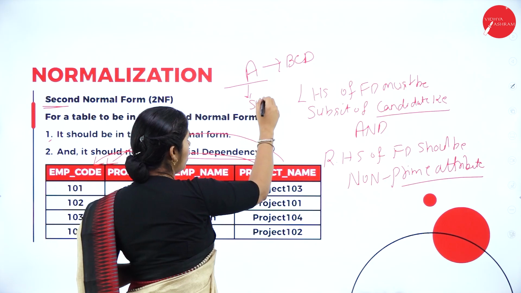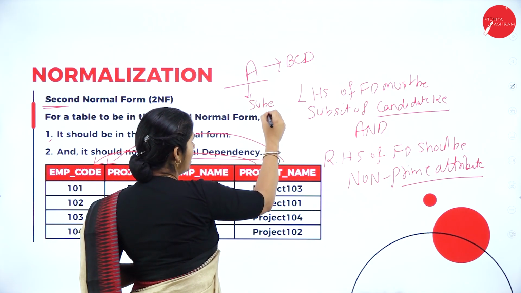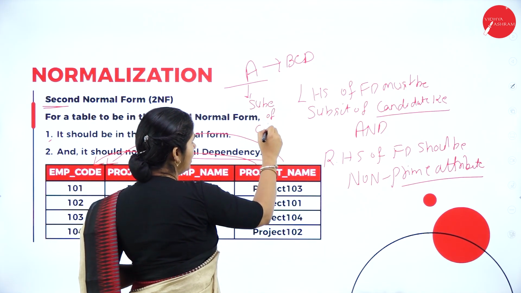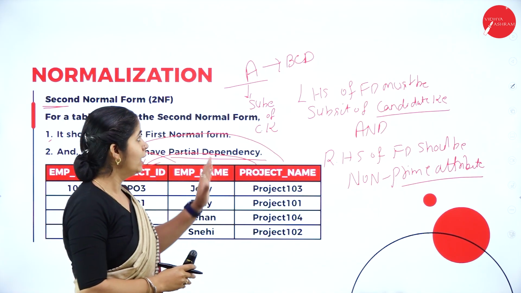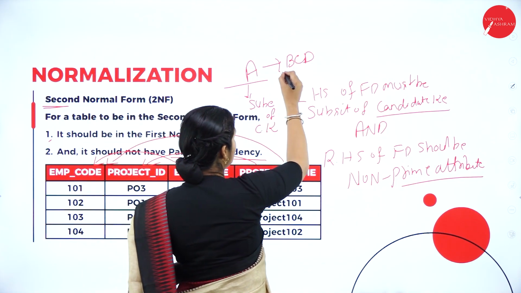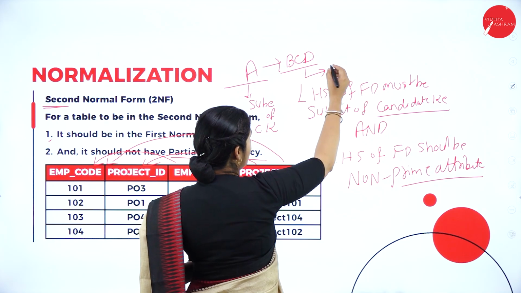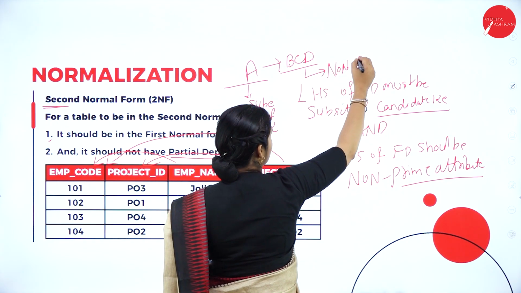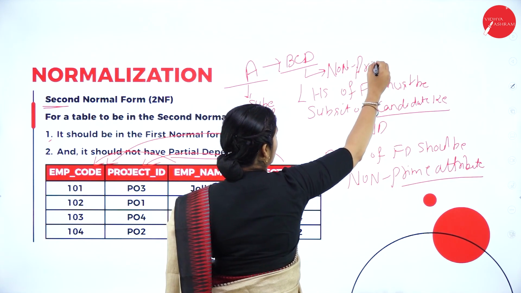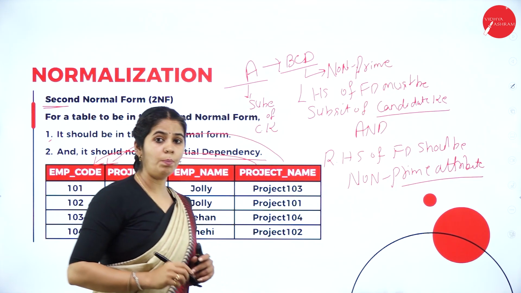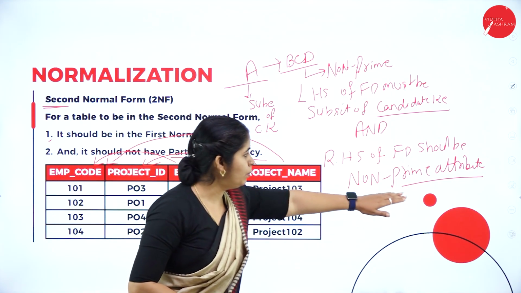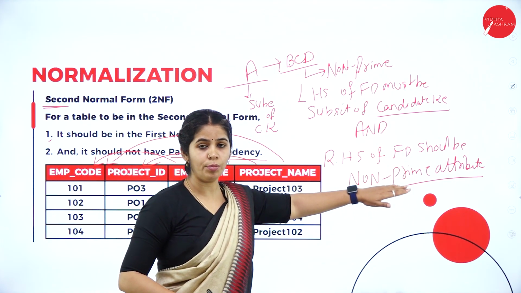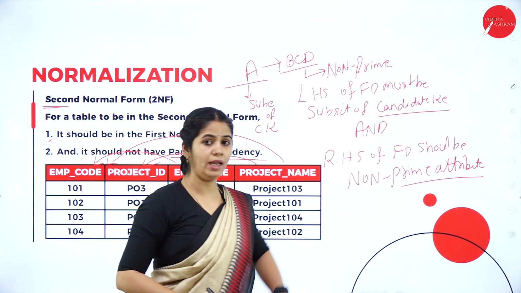Subset of, not the proper set. Subset of candidate key. Okay, and the right hand side what we should have, that is a non-prime attribute. What do you mean by non-prime attribute? The attribute that is not contributing to form the candidate key.